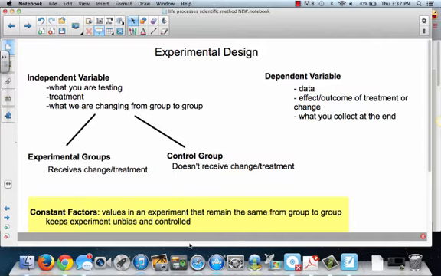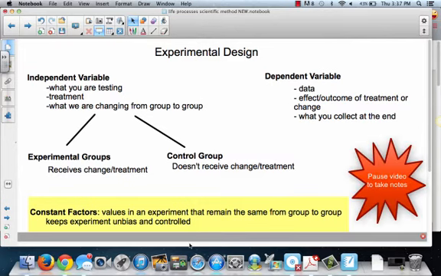These are all considered constant factors because no matter what group you're in, either the experimental group or the control, these are the factors that must remain the same. And that keeps the experiment unbiased and controlled. What that means is that you're only testing to see that the fertilizer is causing changes. So I want you to pause the video until you are done writing down this whole page.